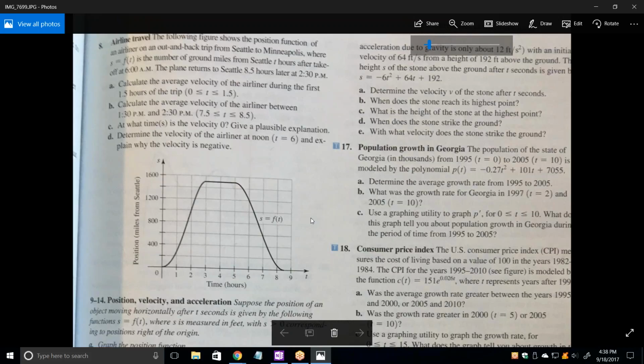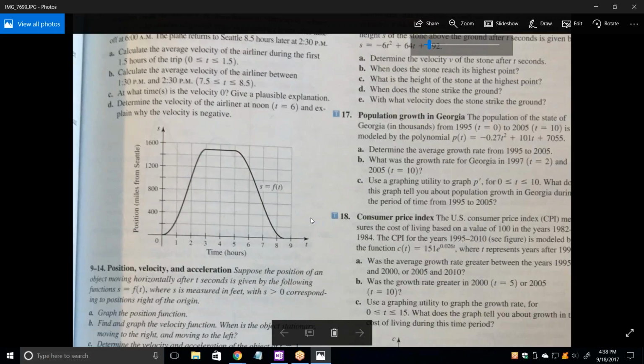That's what this is. The top curve is position, the next curve down is velocity, and the next curve down is acceleration. This again is position. It says position and time. Okay?